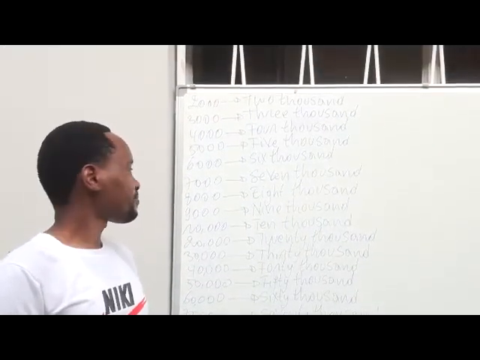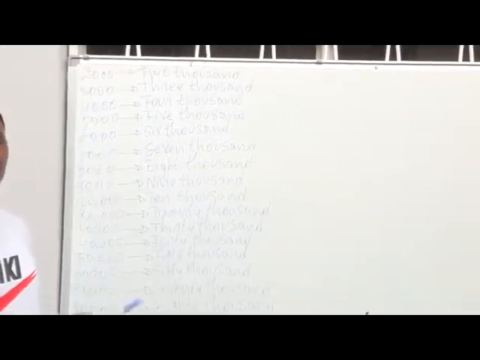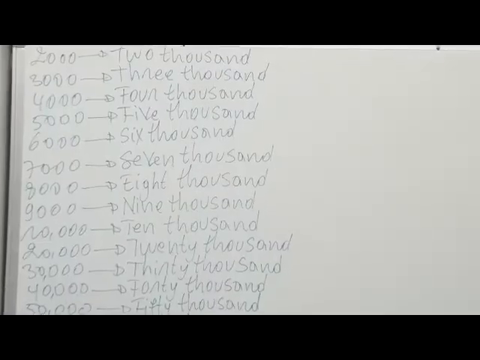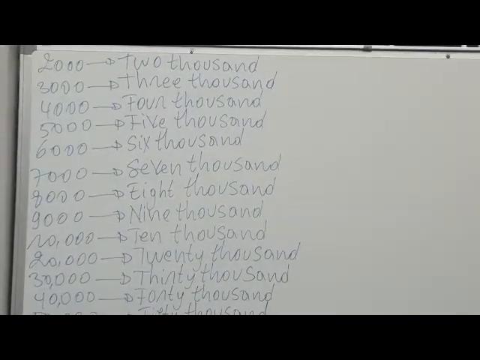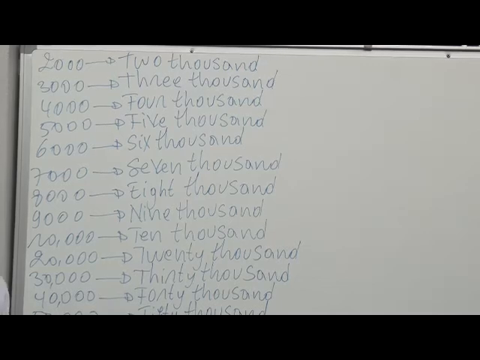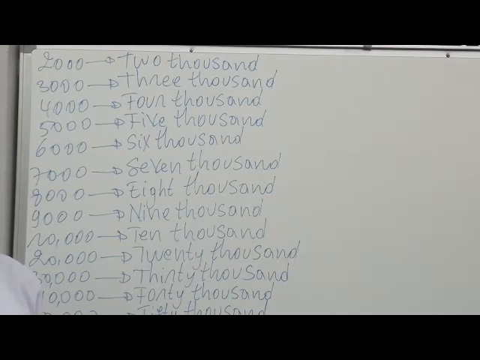We will read only 6. After 6, we'll say 1,000. It is very easy to learn. Anyone can learn cardinal numbers without any complication, without any difficulty. Everything is clear here.